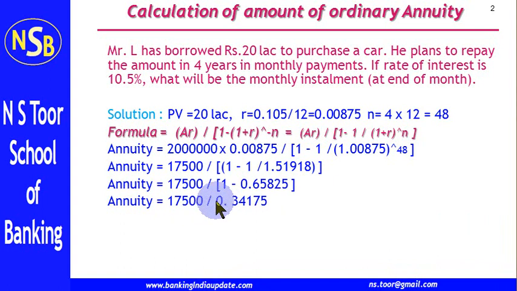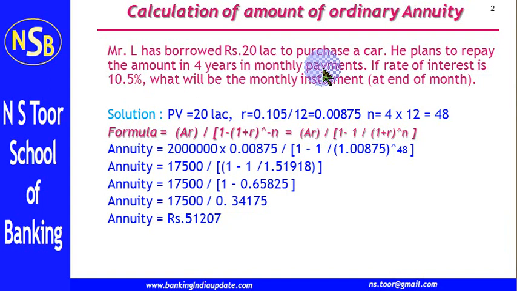And now we shall be able to calculate the monthly amount to be paid. So this is the monthly amount which is required to be paid to repay this loan of rupees 20 lakh at 10.5% interest rate in 4 years in equated monthly installments.